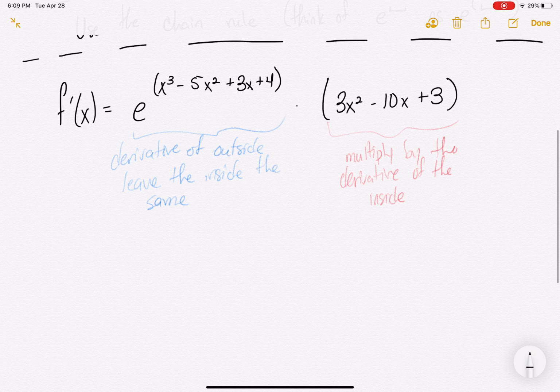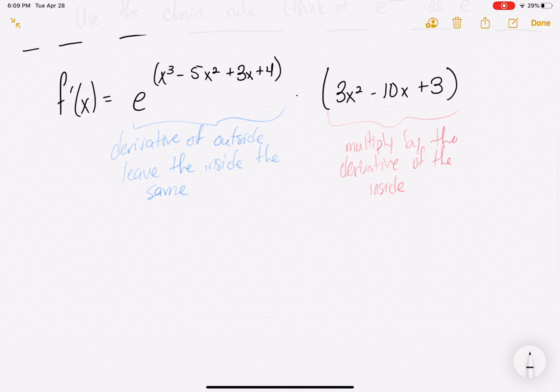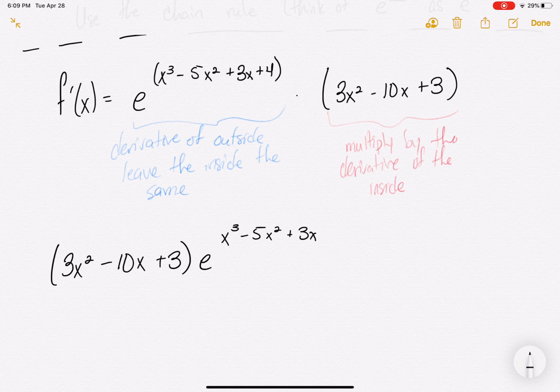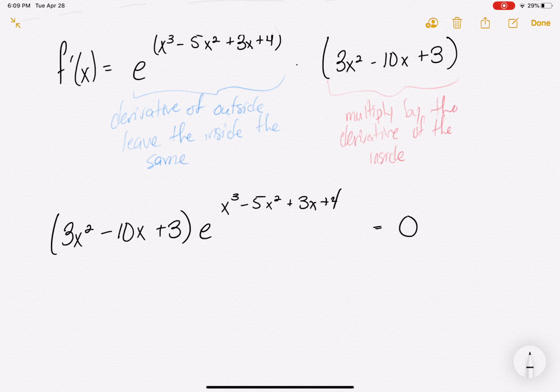Okay, but if we're going to set this equal to 0 and solve for x, let's do that. So I'm going to rewrite it as 3x squared minus 10x plus 3 times e to the x cubed minus 5x squared plus 3x plus 4 equals 0. How do we actually do this?